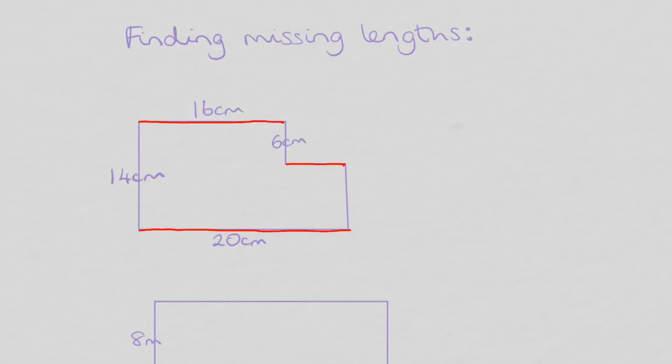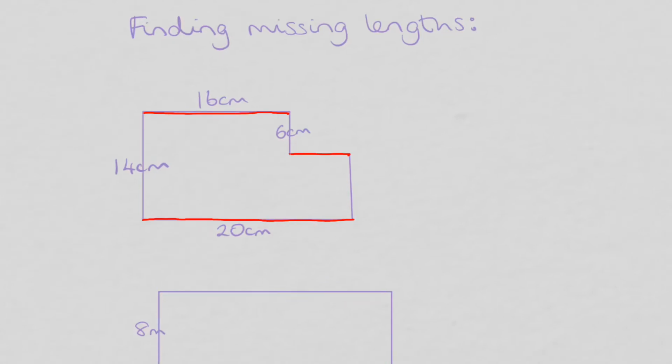And we can see that because if I just pick up this line here and move it, we can see that those 2 lines together make the same length line as at the bottom there, the 20.